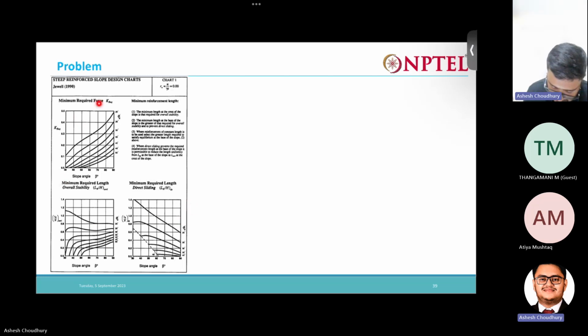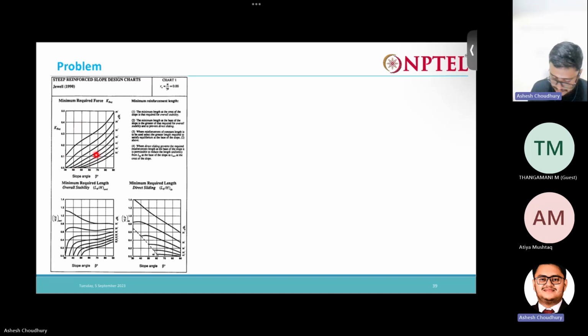The first chart gives the minimum required force that will be acting on the reinforcement, given by this K required.